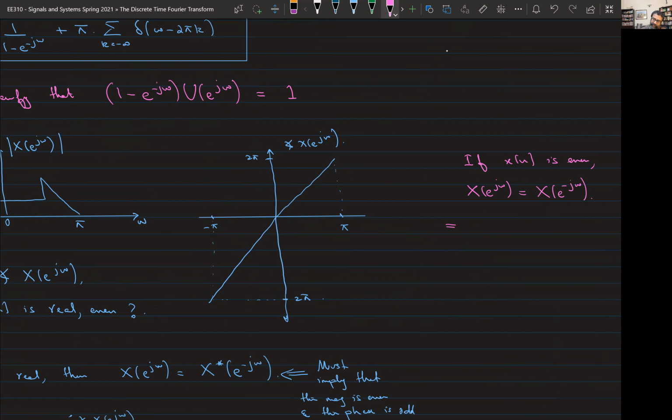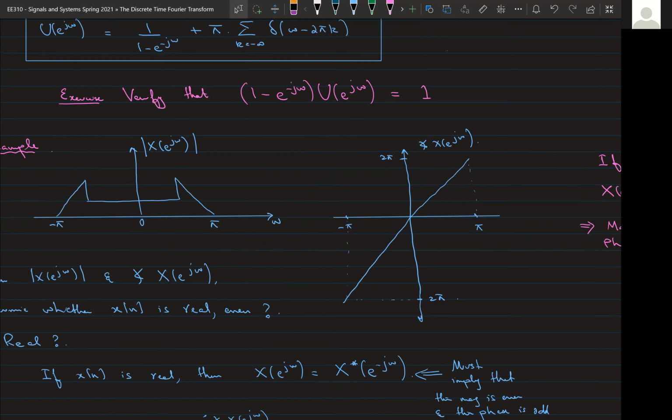This must imply that the magnitude is even and the phase is even. Both of them should be even, the magnitude as well as the phase. So if both things are even, then the signal is even, and if both things are odd, then it is odd. Yes, true. But here the magnitude is even but the phase is odd, so both those conditions are not satisfied. Okay, fine? Any other questions?